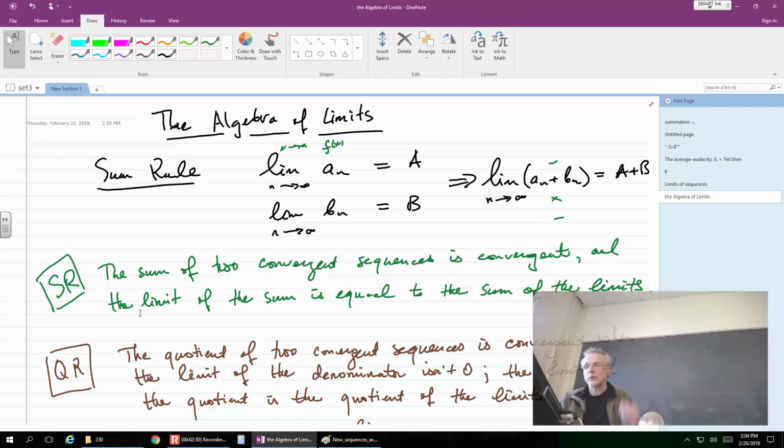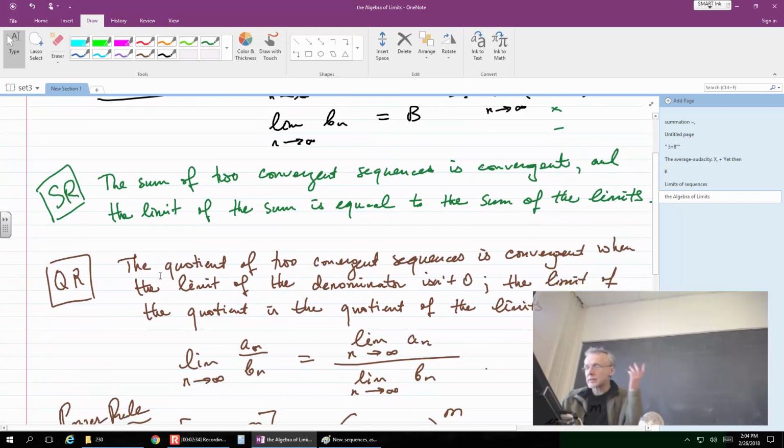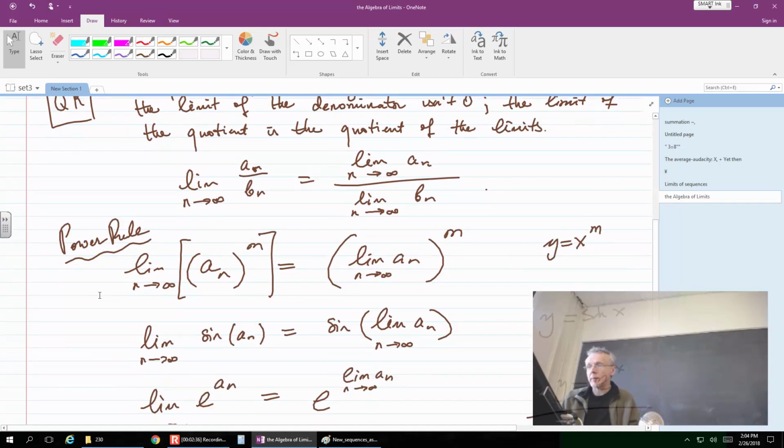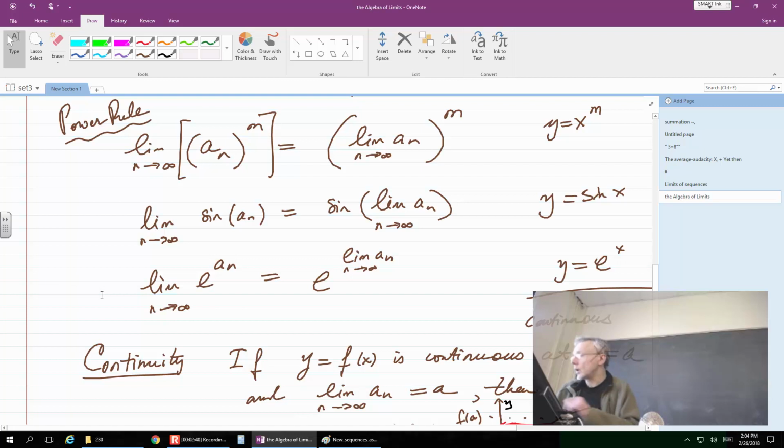So, sum rule, quotient rule, and I guess I'll get back to the product rule, but the power rule is then taken to the next level, and it is now called the composition rule, if you like.